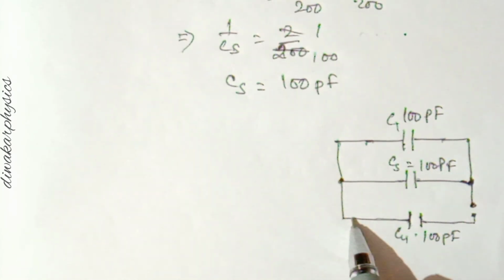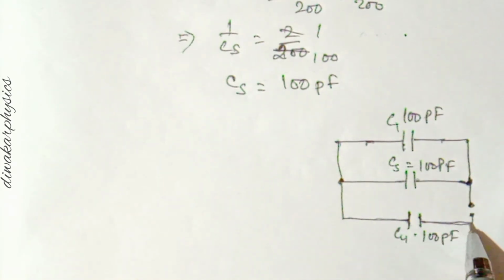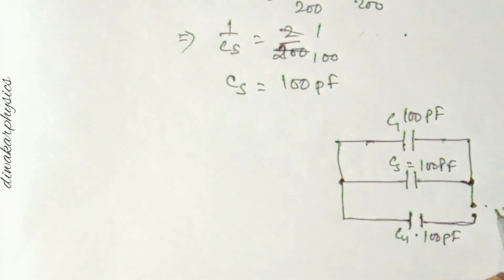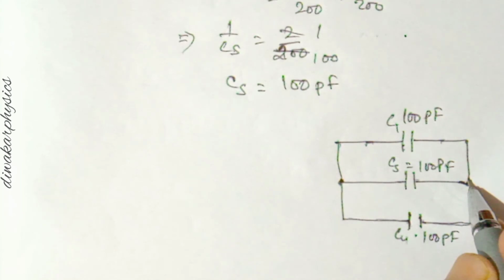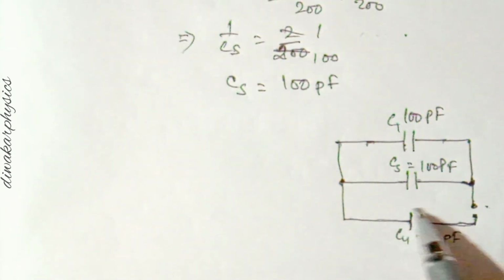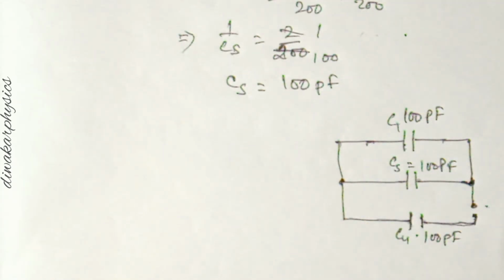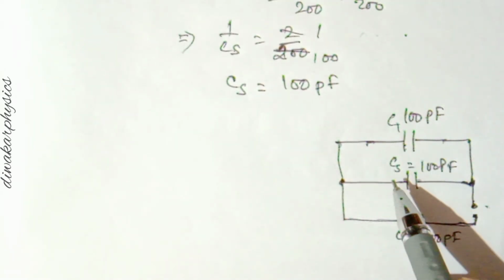This plate, yes, is combined here, but the other plate is connected with the source voltage, the cell. That means this end is not connected here or here. This is the opposite terminal of the cell, so it is connected somewhere else. That's why you cannot take this in parallel, though it seems that it is also in parallel. Only these two are in parallel.